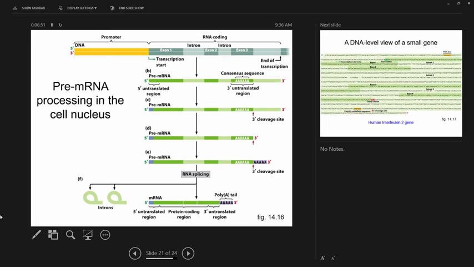begins to be transcribed, and you will get capping, and you will get messenger RNA processing. So you will get splicing occurring to remove the introns, and as soon as the AAUAAA consensus sequence is reached after the last coding exon, the pre-messenger RNA gets cleaved, the 3' end gets a poly A tail, which is going to be longer than this, about 200 bases put on it.